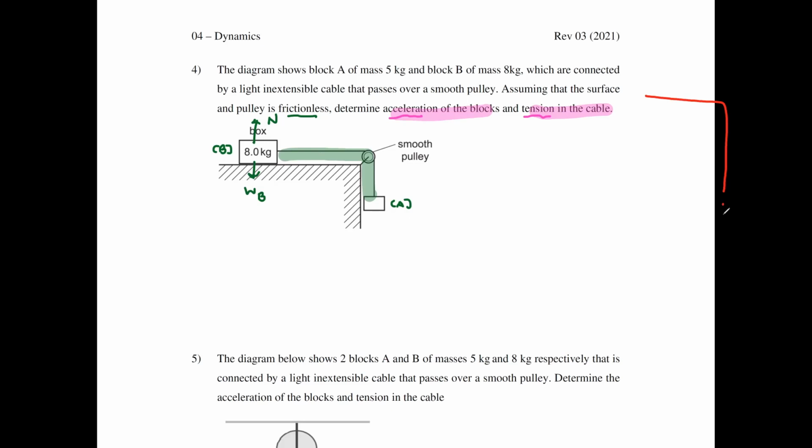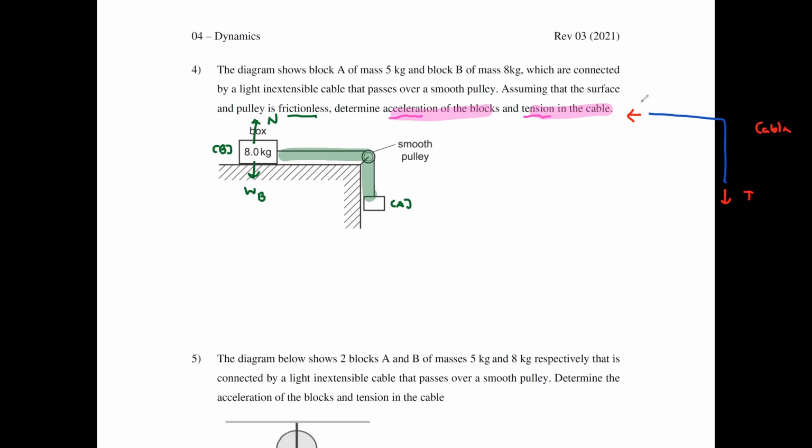So if you look at the free body diagram of the cable itself, maybe I use a different color for the cable, there will be a force that is trying to stretch the cable.